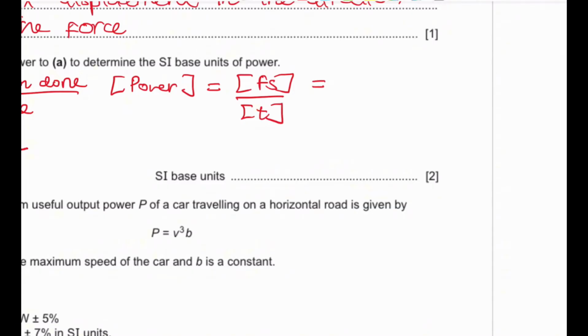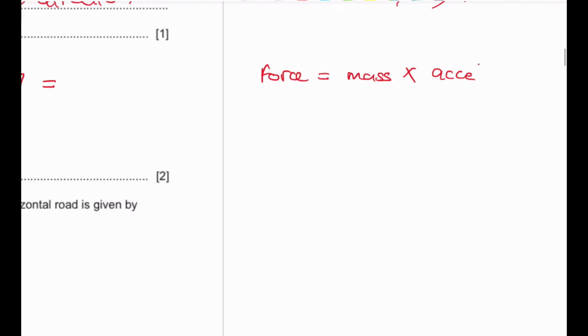But the units of F, which is a force, is actually mass times acceleration. Mass is in kg, acceleration is m s to the power of -2.